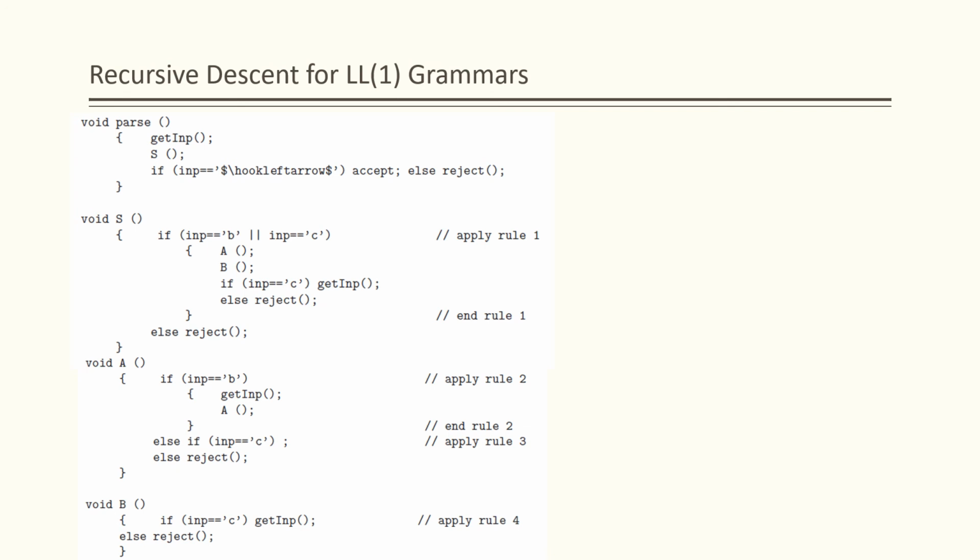For void S, we have an input, and remember, we found the selection sets B and C. When it is A, you choose B. When the non-terminal is B, then it's C. For void A, there are two as well: rule number 2 starts with B, but for rule number 3 we found the follow of A, which is C. Then B is quite straightforward from rule number 4.